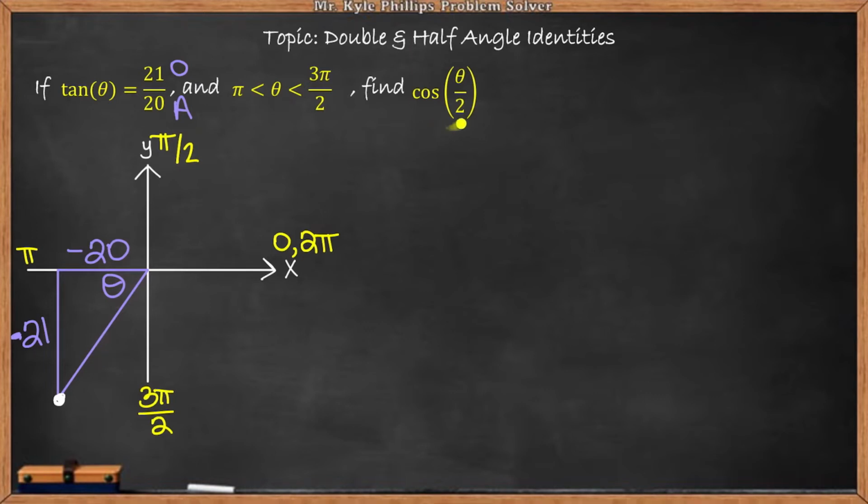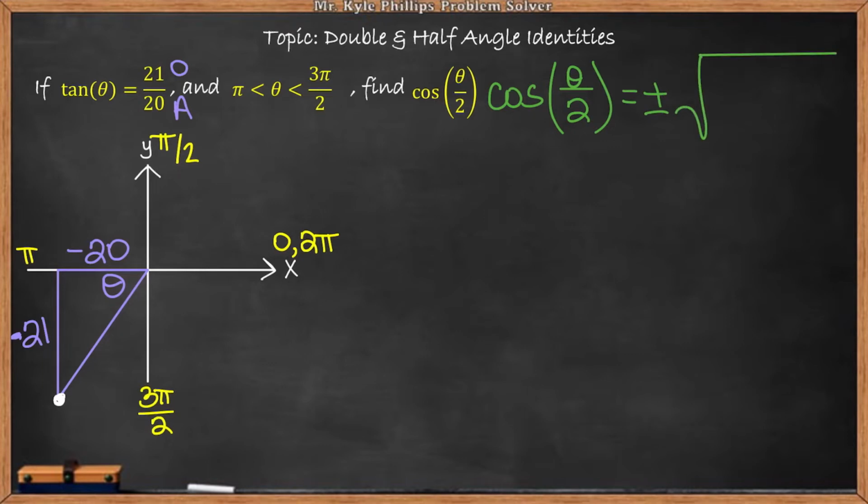Now, they ask us to find cosine of theta over 2. We need to do a little bit of thinking here. Let's see what they're asking for. The formula here is plus or minus the square root of 1 plus cosine theta, all over 2.